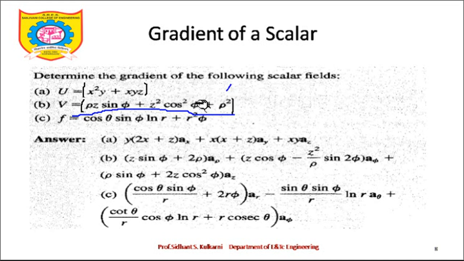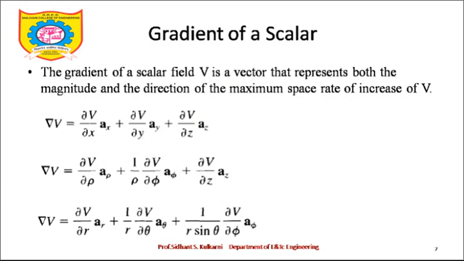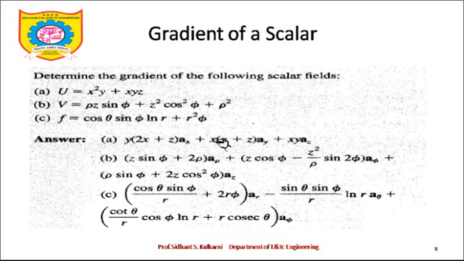No, entire term for rho, entire term for phi, entire term for z, differentiate it, partial differentiation, and then finally come to the conclusion. And finally f is cos theta sin phi ln r, it is log to the base e, ln r plus r square phi. Put in those equations which we have studied in the previous slide. I am going to share these slides with you, don't worry about this.